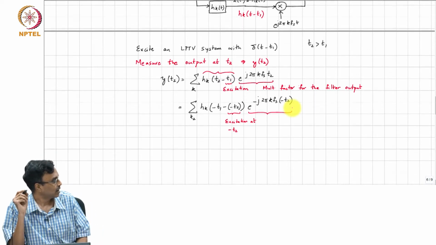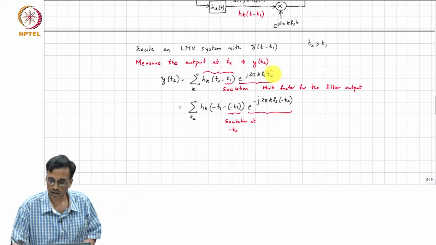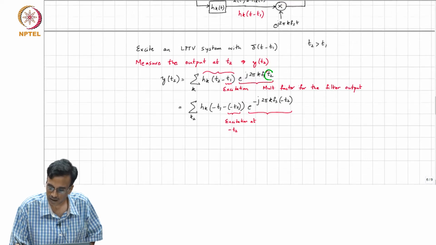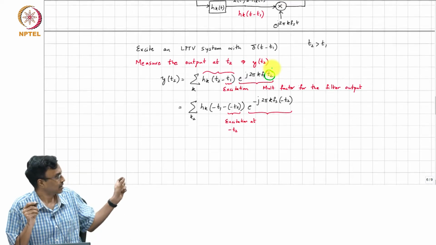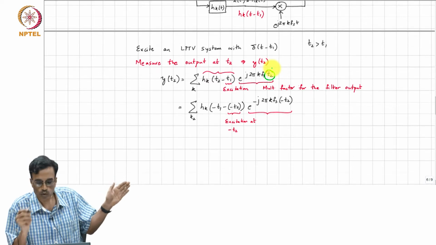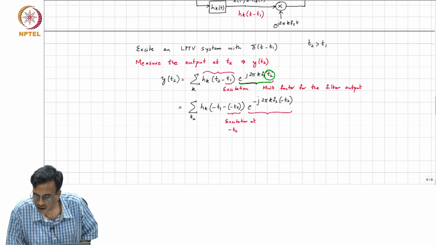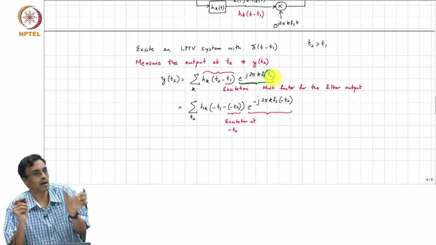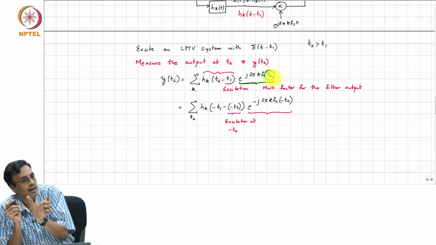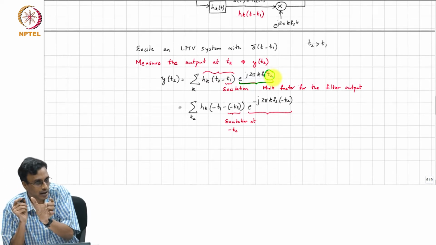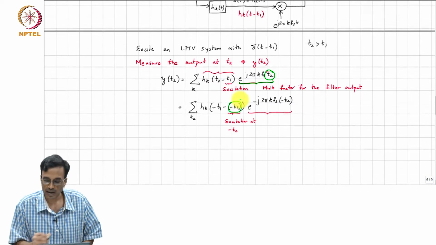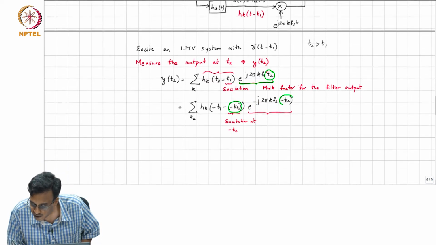Now, do you think that multiplication must occur at the input or at the output? In the first equation, we are observing the output at t2, and this factor is dependent only on t2. So, therefore, the multiplication is occurring at the output of the filter. Here we are exciting at minus t2, and this factor also contains minus t2.